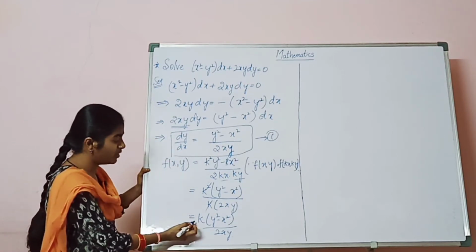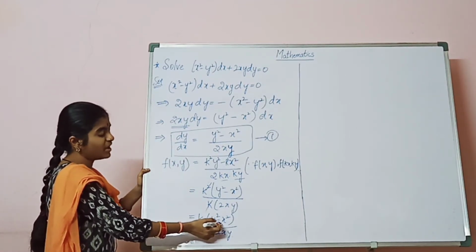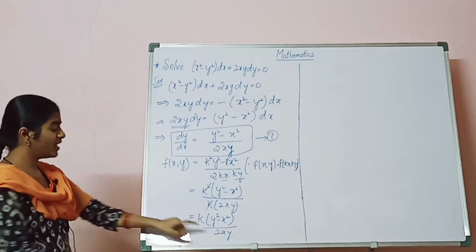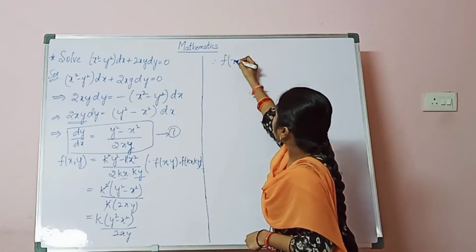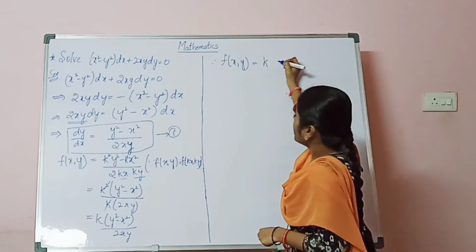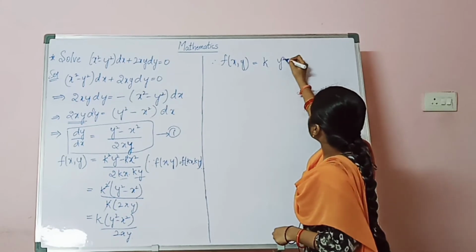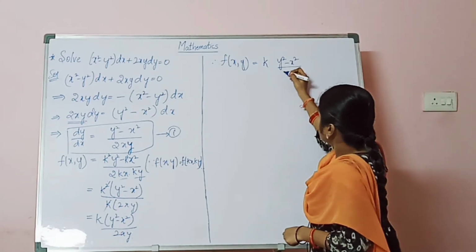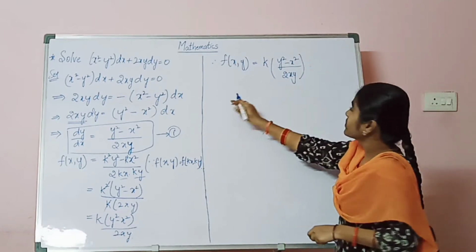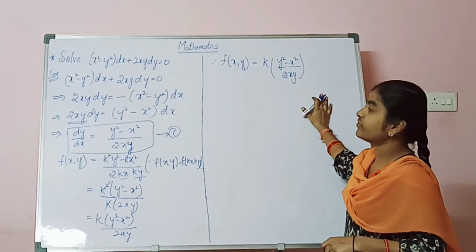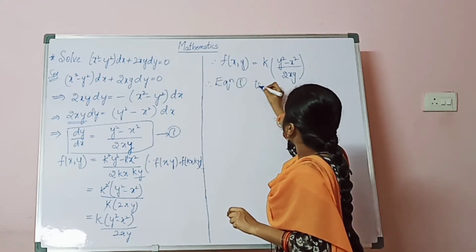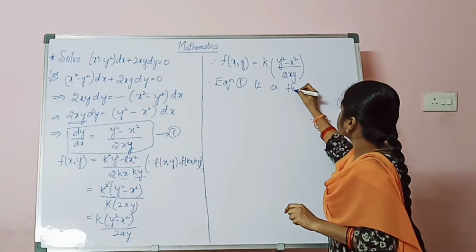Now what is getting here? f of x comma y equals k into y square minus x square by 2xy. So this is a homogeneous condition. Therefore, equation 1 is a homogeneous function.